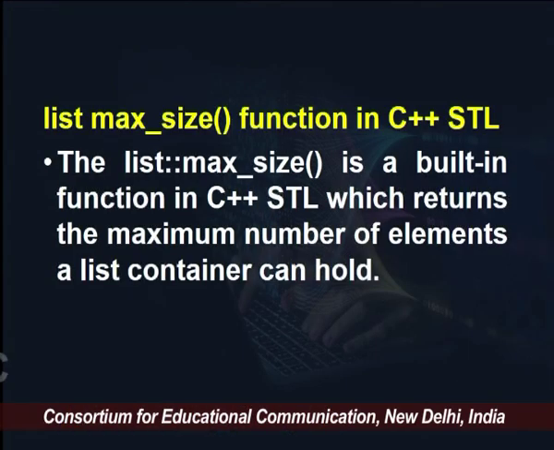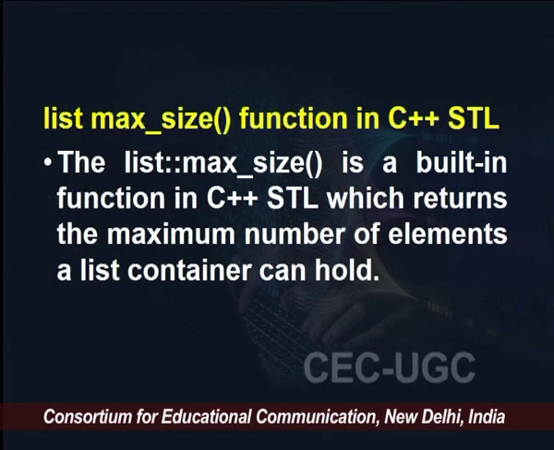Similarly to rbegin, the time complexity of rend is order n, and the auxiliary space requirement is order 1. Now, one more function which is of important use is max_size, which is also a built-in function of the standard template library of C++, and this function will return the maximum number of elements a list container can hold. Now, this is actually going to be a huge number.